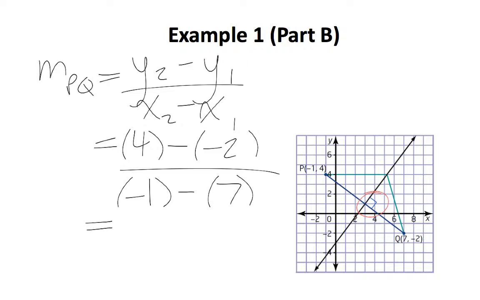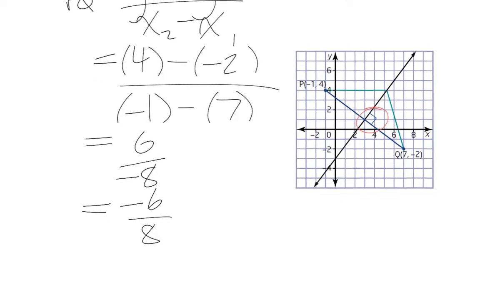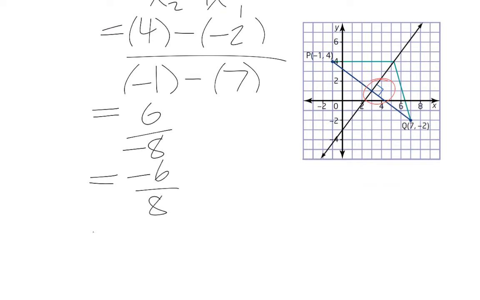We're going to simplify this. -2 subtract 4 is -6, and 7 subtract -1 is 8. So that's -6 over 8, and we want to simplify this fraction, so -6 over 8 is -3 over 4.